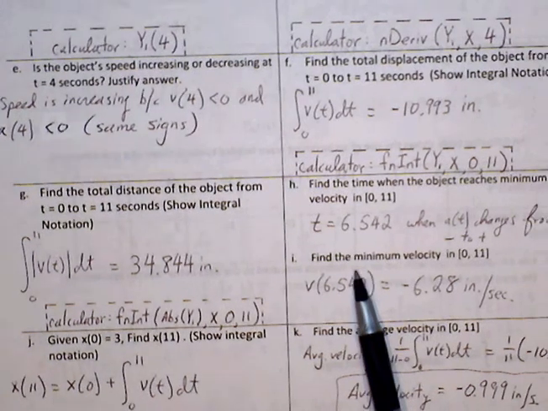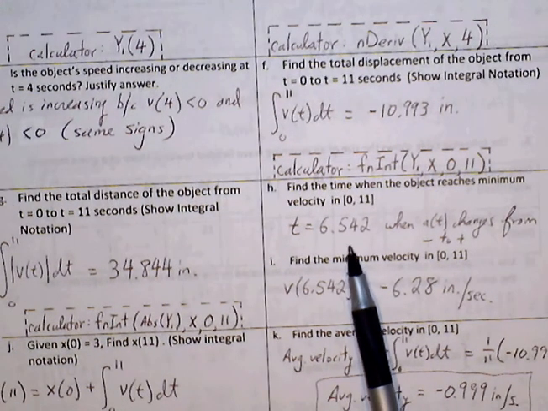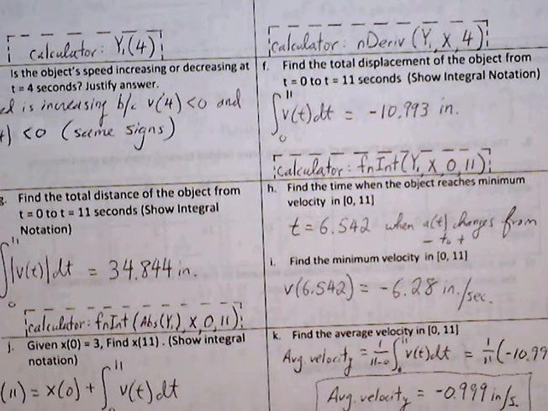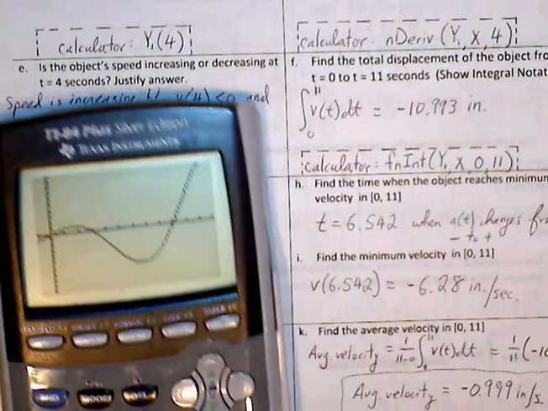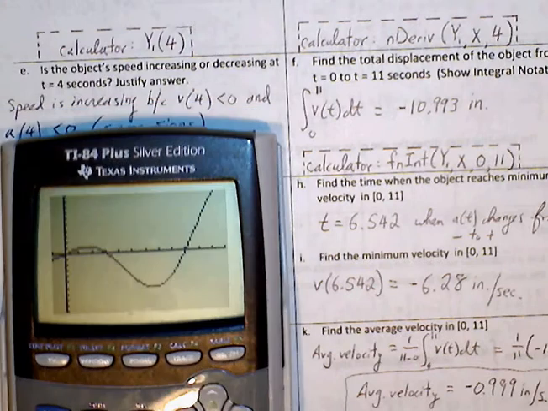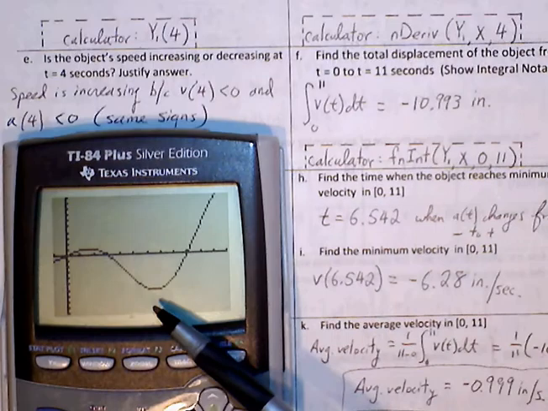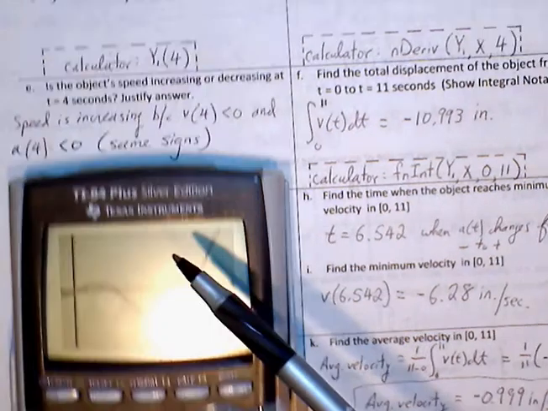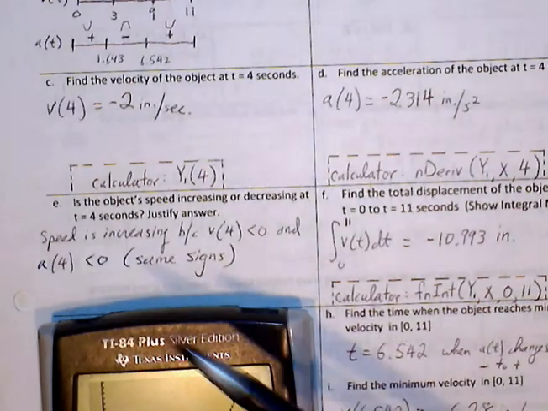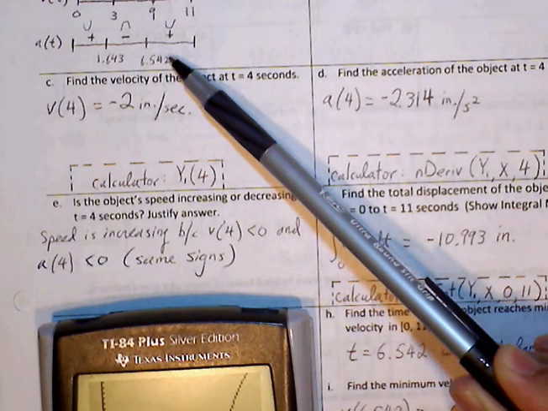Part H, find the time when the object reaches a minimum velocity. So if we look at our graph, we can tell that the minimum velocity will occur at this point here, right? And this point, we found from part A to be 6.542.